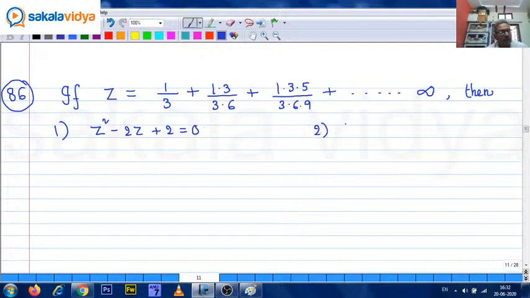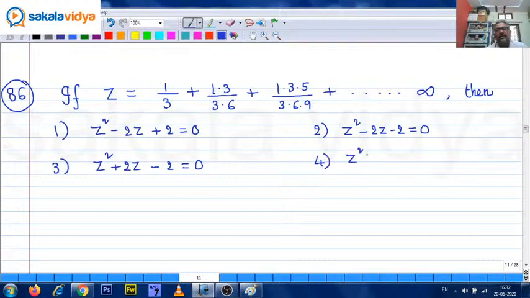Second, z square minus 2z minus 2 equals 0. Third option, z square plus 2z minus 2 equals 0. Fourth one, z square plus 2z plus 2 equals 0. This is the problem.